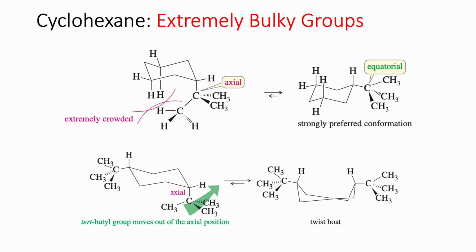Well, again, let's look at that first image in the top left corner. Imagine that methyl group that's pointing down and to the left where it says extremely crowded, and you can see that H on the methyl group is getting awfully close to those other H's that are in the ring. Imagine that whole methyl group is just a hydrogen. Well, if you replace that methyl group with a hydrogen atom, then that group now becomes isopropyl. It still has those other two methyls right underneath where it says axial.